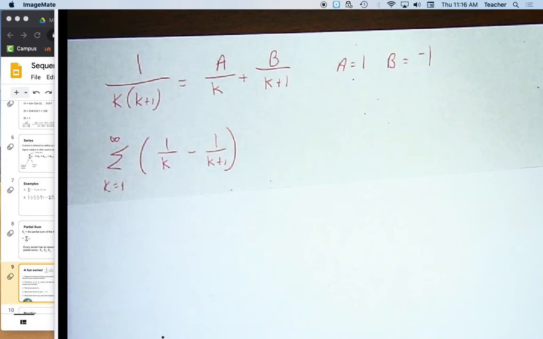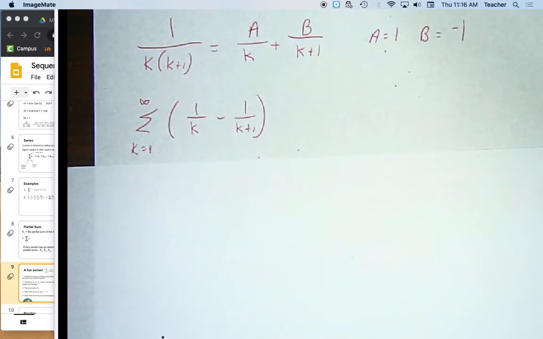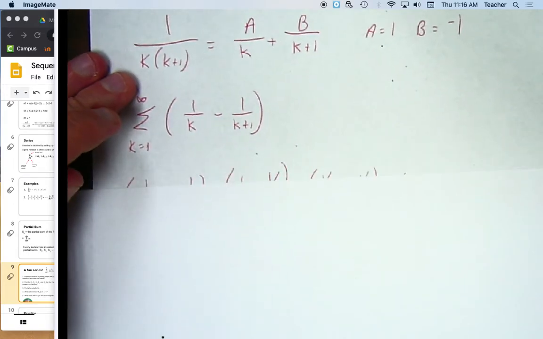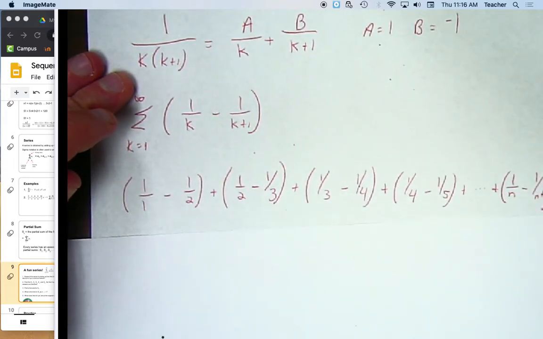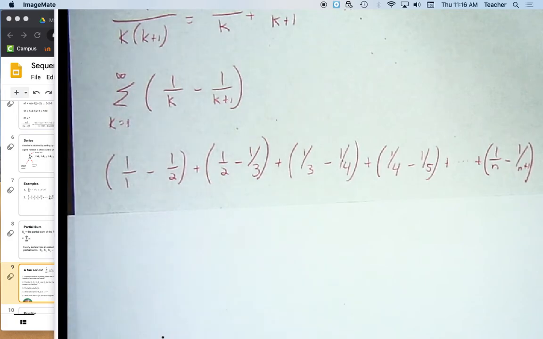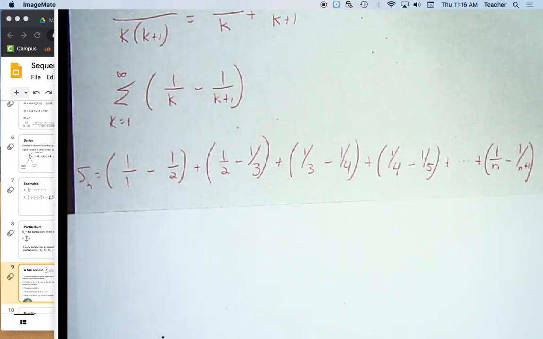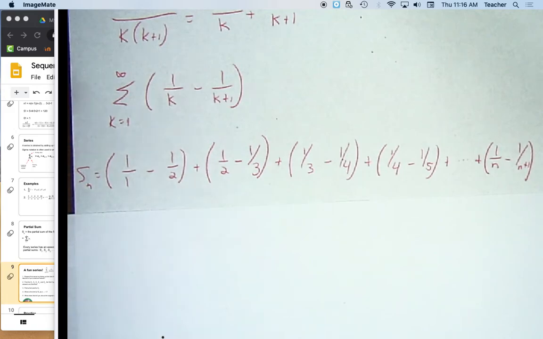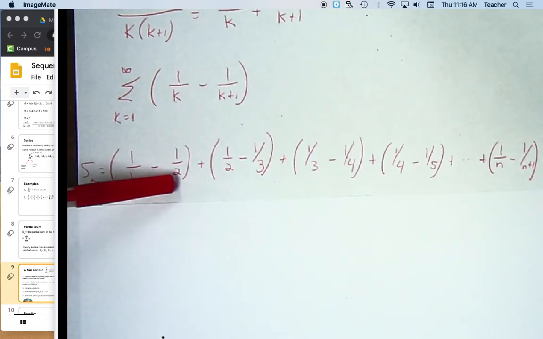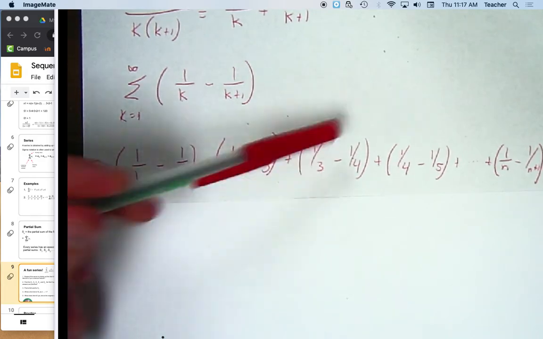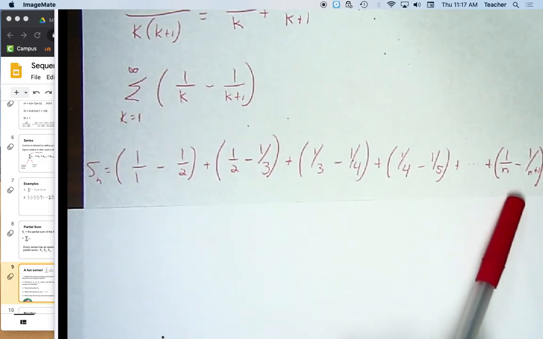So my series can be rewritten like this. I just broke up the original series into its partial fractions. Notice what happens. This trick you will see occasionally, and when you see it, it's nice and amazing. Now I've got a formula for S sub n, the sum of the first n terms. I plugged in 1, got this, plugged in 2, plugged in 3, and so forth until I plugged in n.